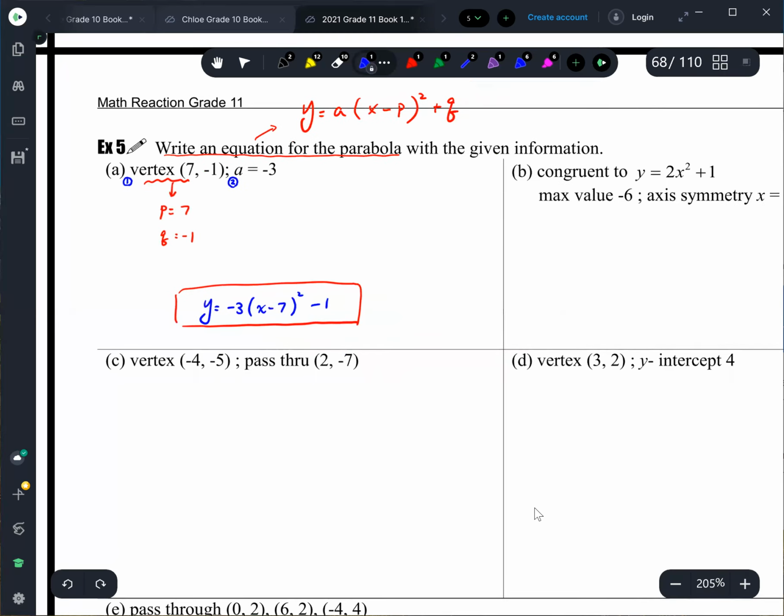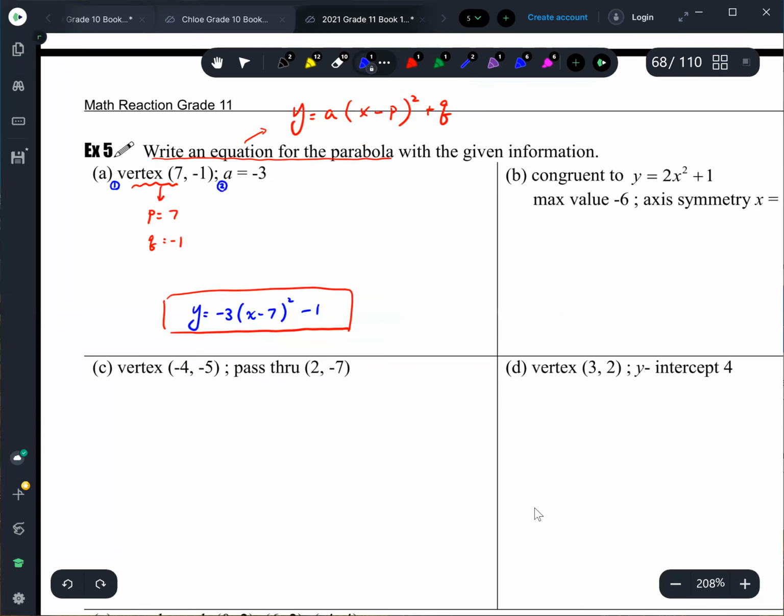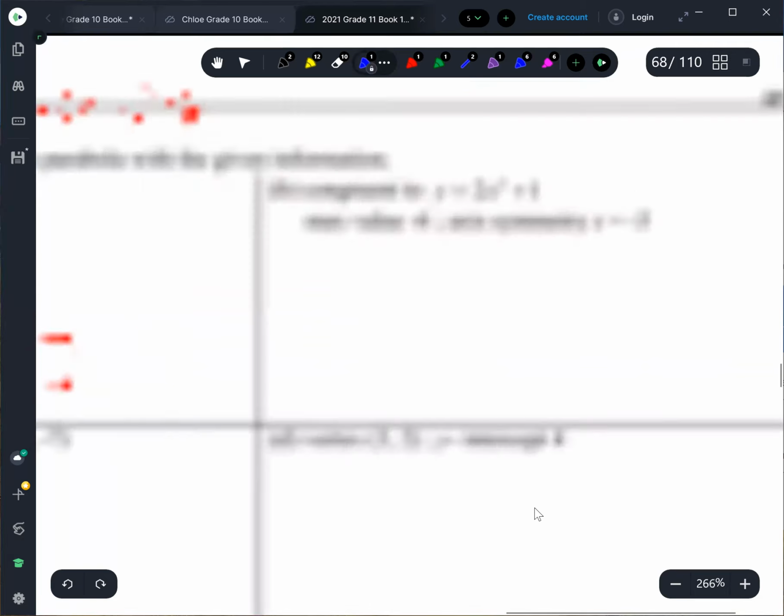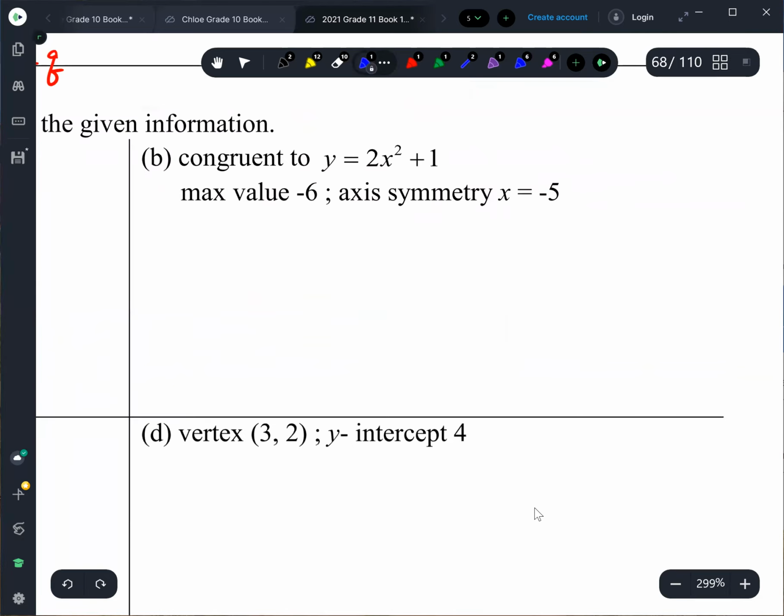Okay, next one. It's getting harder and it will be getting harder and harder to catch, right? The clues they give you this time, they give you 3 clues here. First clue is the one you're trying to catch is congruent. Is that a new word? Congruent to this problem, right?